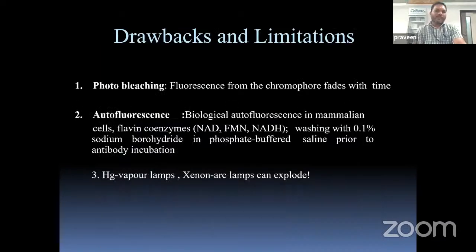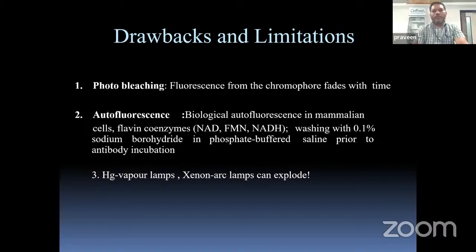Drawbacks and limitations. First, fluorescence photobleaching: fluorescence from the chromophore fades with time. So as early as possible, when we complete the staining, we have to submit the slide to the pathologist to observe our staining. The second drawback is autofluorescence.